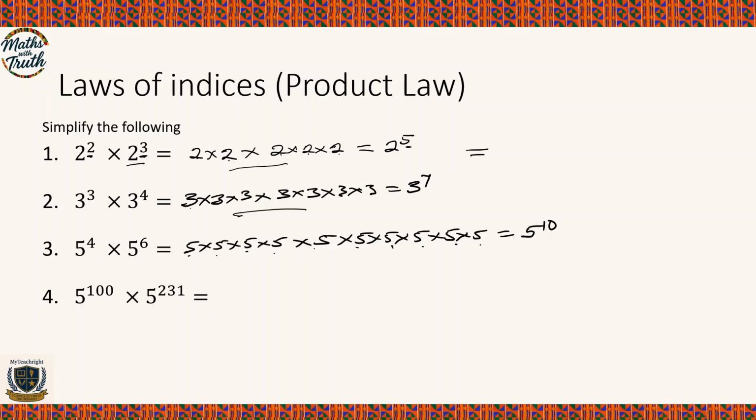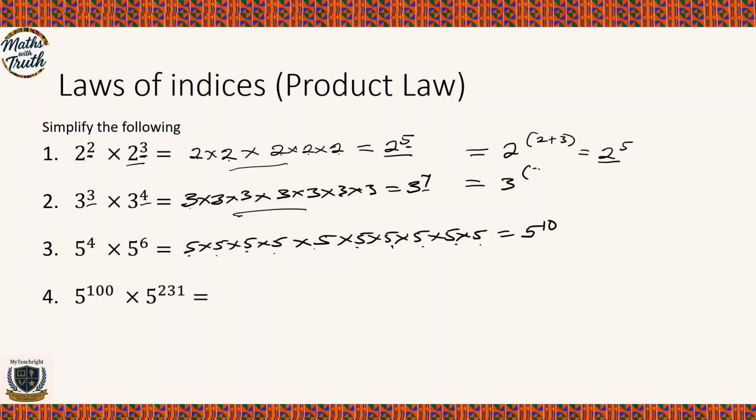2 plus 3 is 5, right? Okay, so we can say 2 exponent 2 plus 3, which gives us 2 exponent 5. Well, that works. Let's use that logic for the second one. We have 3 and 4, and that gives us 7.